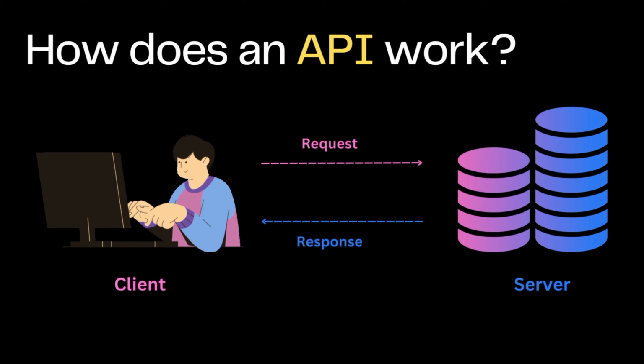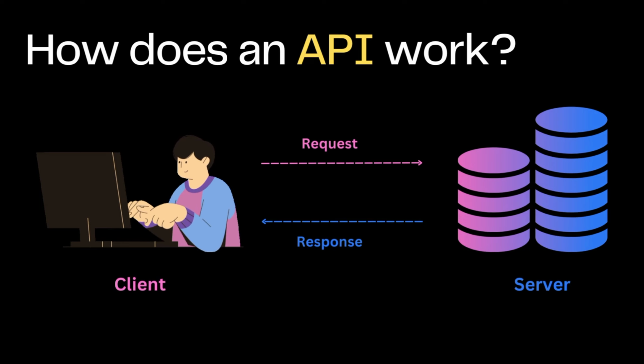APIs work by exposing specific functionalities or resources of an application to other applications, which can then access them through a set of defined protocols. These functionalities can range from simple tasks such as retrieving data to more complex tasks like updating, deleting, or creating data.